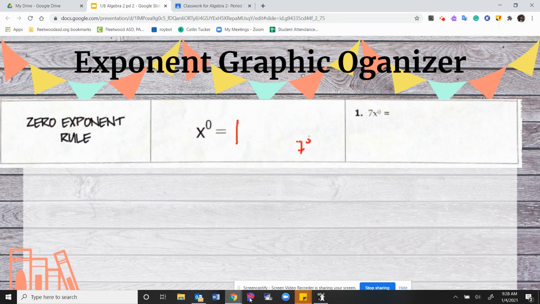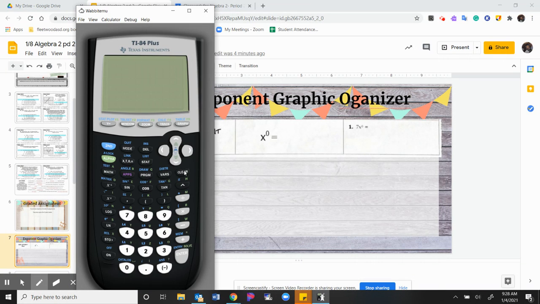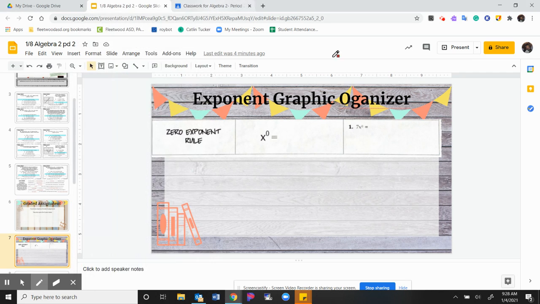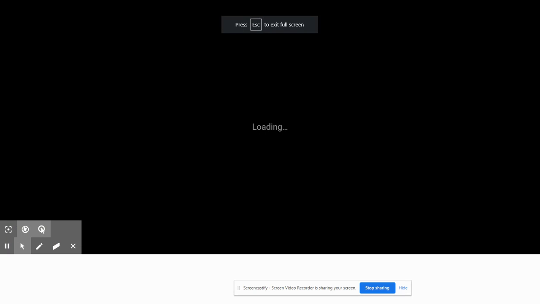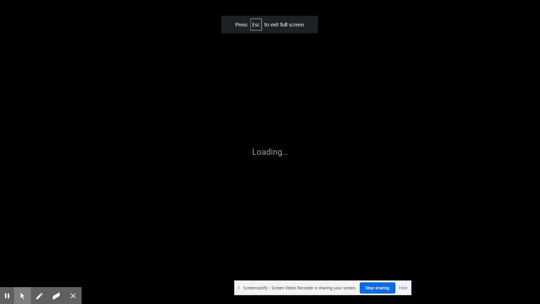If I put 7 to the 0 power, I get an answer of 1. You can put 852 to the 0 power, and you are still going to get 1. So everything to the power of 0 is just 1.